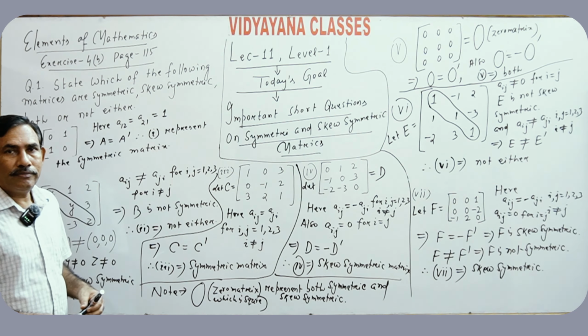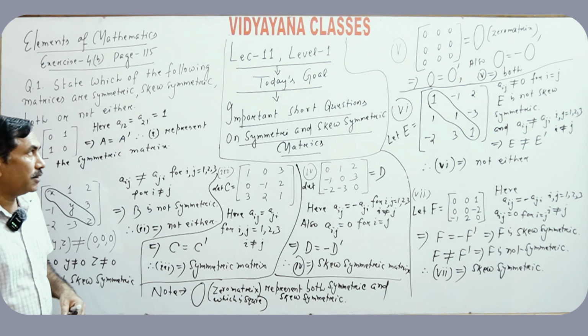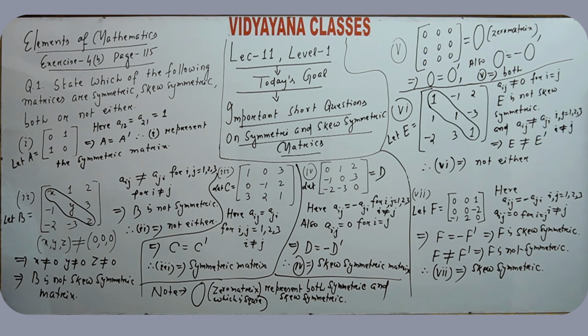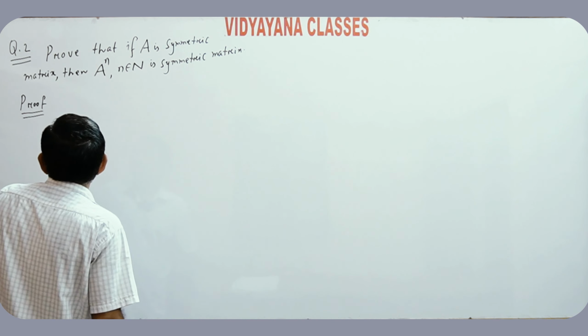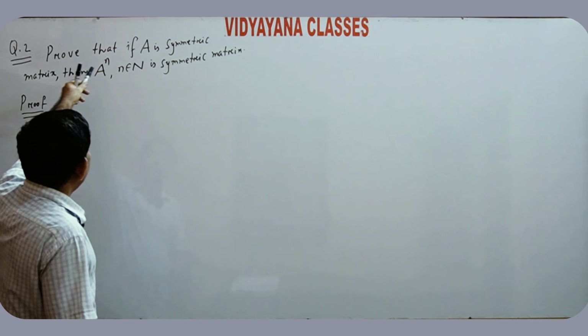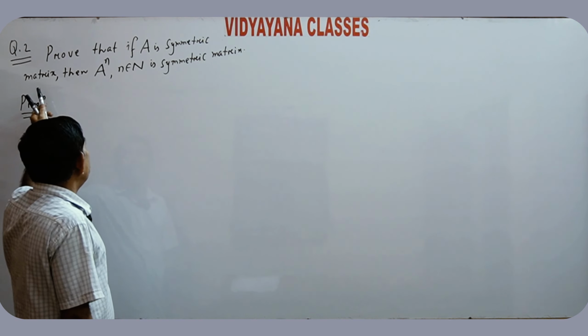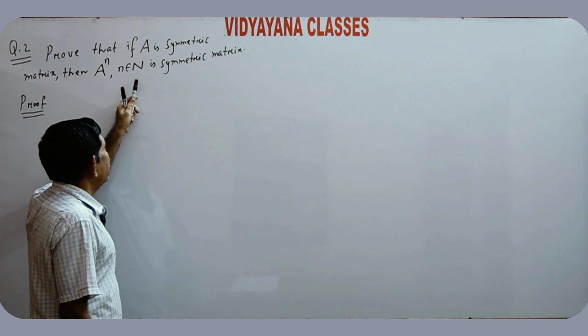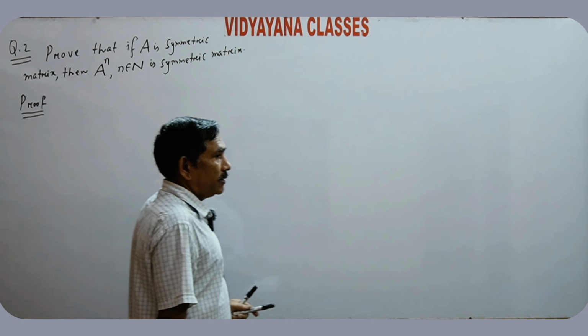Are you clear? Okay. Note down. Question number 2. Prove that if A is a symmetric matrix, then A to the power n, n belongs to capital N, is a symmetric matrix.